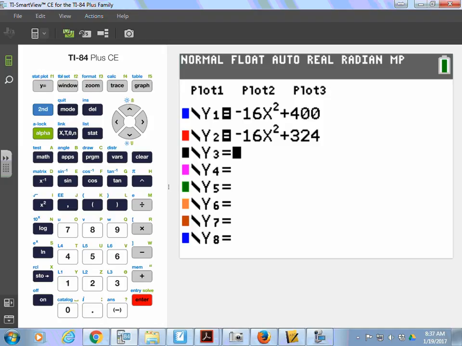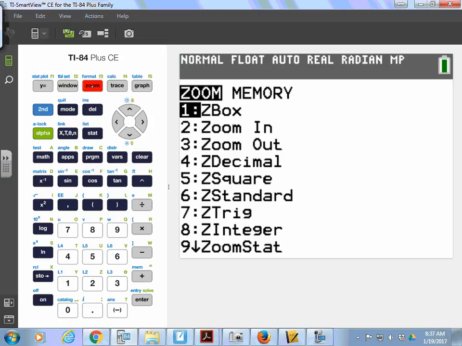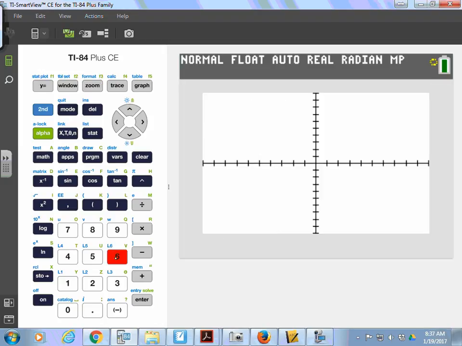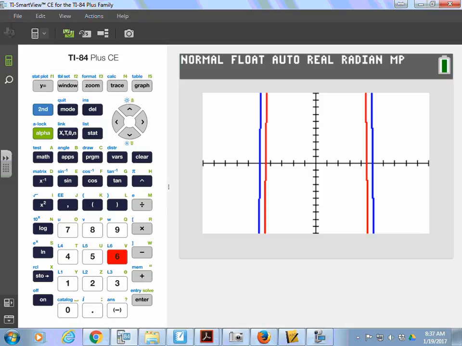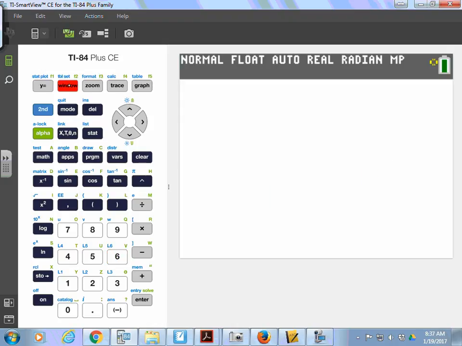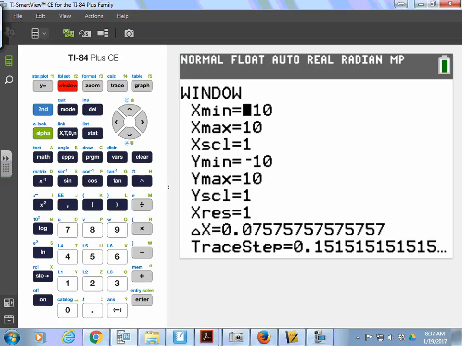Normally we start out with Zoom 6, Zoom Standard. If I go to Zoom Standard, I can see parts of these two graphs, but not the whole thing. This window takes us from negative 10 to 10 on the x, negative 10 to 10 on the y. What needs to change so I can see the whole graph?